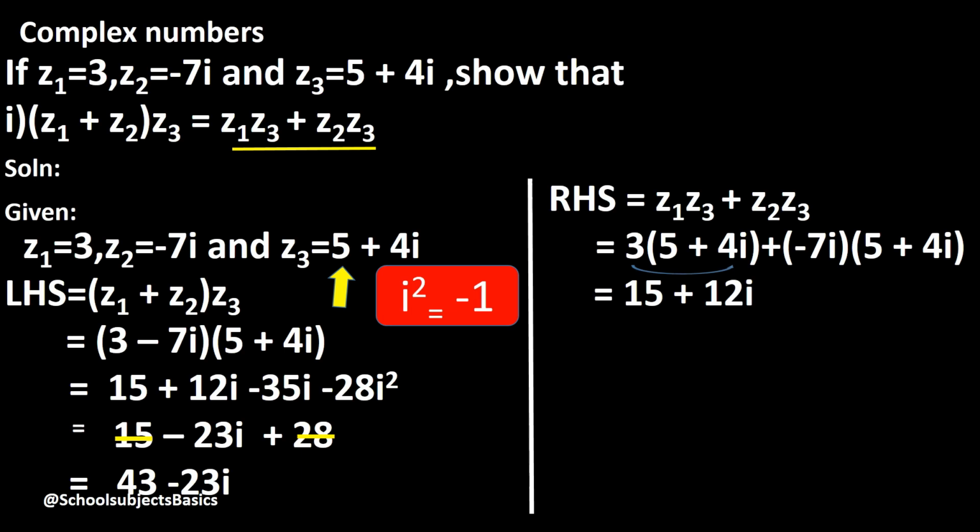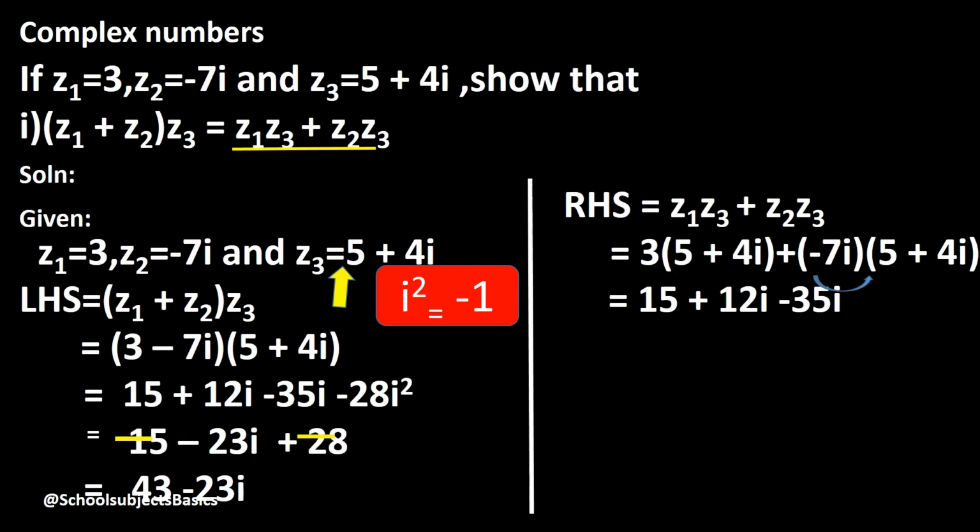So minus 7i into 5 is minus 35i. Then minus 7i into 4i is written as minus 28i square, since i into i becomes i square.